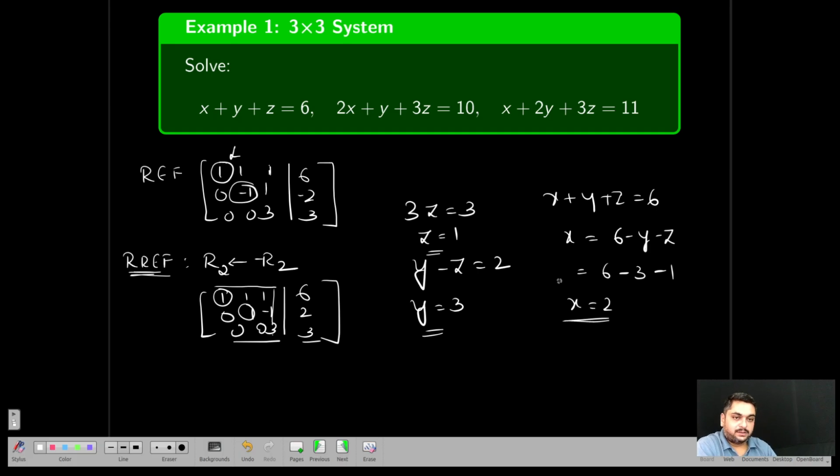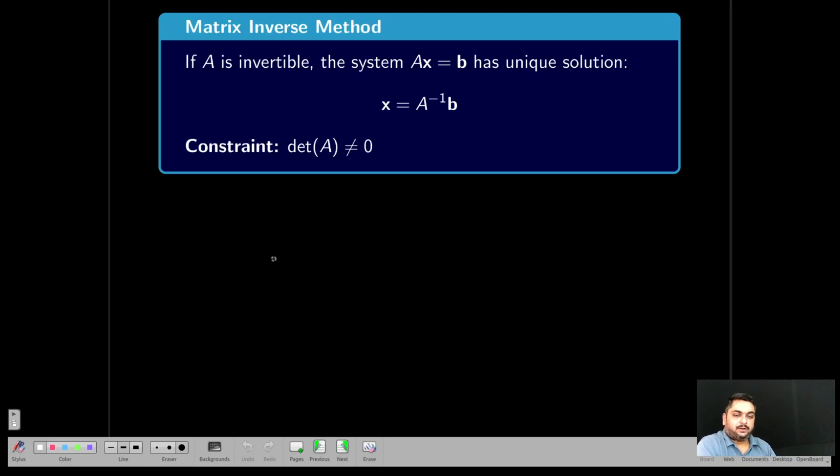So this is how we can get the solutions using Gauss elimination or Gauss-Jordan elimination. Next, you can also find it using the matrix inverse if the inverse of the matrix exists. For that the determinant should not be equal to 0. You already understood this concept. See, this is the system of linear equations Ax equal to b.